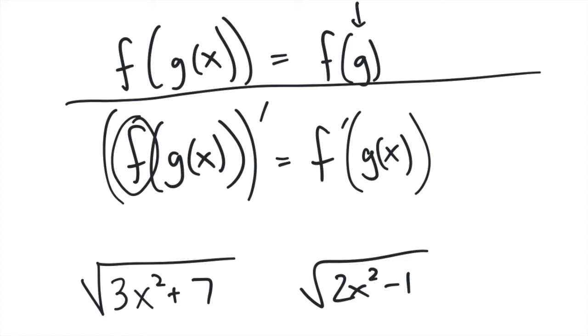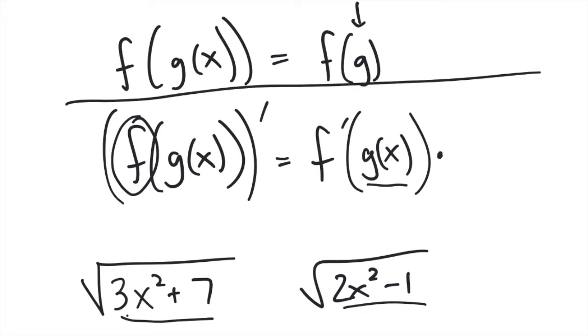And you just take g of x and put that in as your input. But the function that's on the inside, the 3x squared plus 7 or the 2x squared minus 1, whatever that function is should also impact the derivative because we want to know how that inside function is changing also.